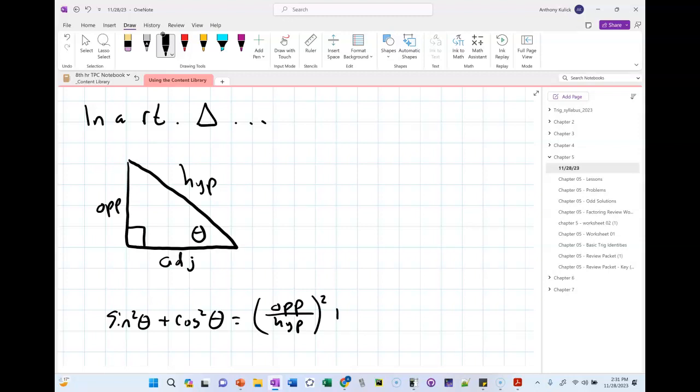These answers should come so much faster, guys. Come on. It's okay. Cosine is, there you go. That's better. So sine squared theta should be opposite over hypotenuse squared. And cosine squared theta should be adjacent over hypotenuse squared. So far, so good. How do you square a fraction?